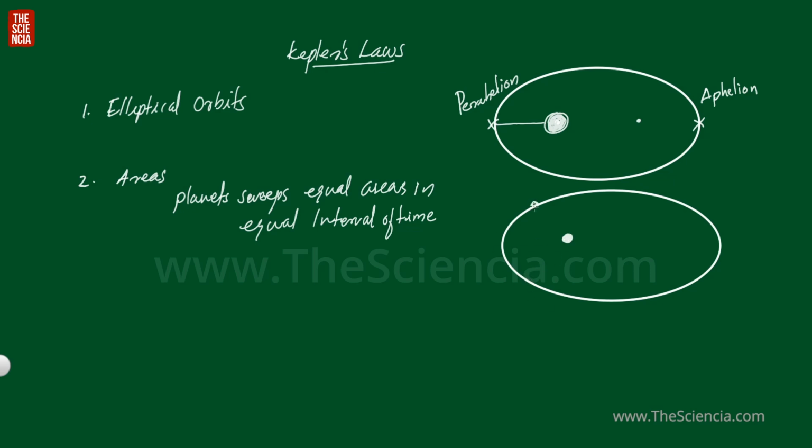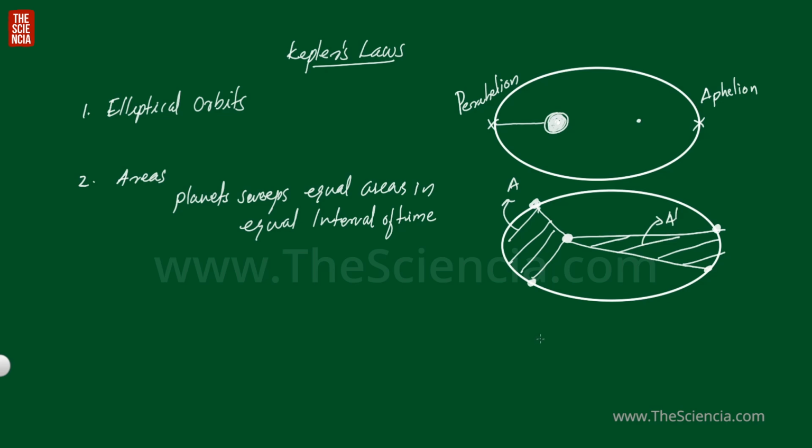Okay, it is moving from here to here. So it sweeps some area A, and when it is farther from the sun, it will sweep some area. And this is A prime.